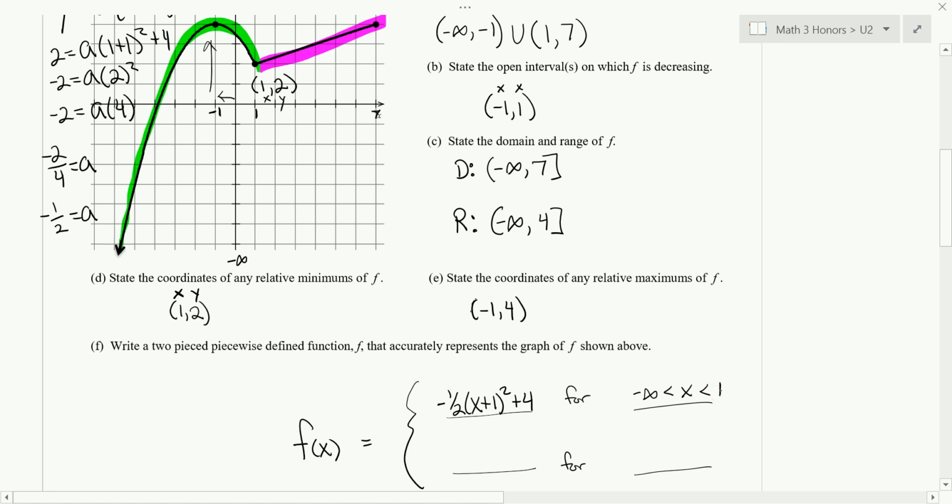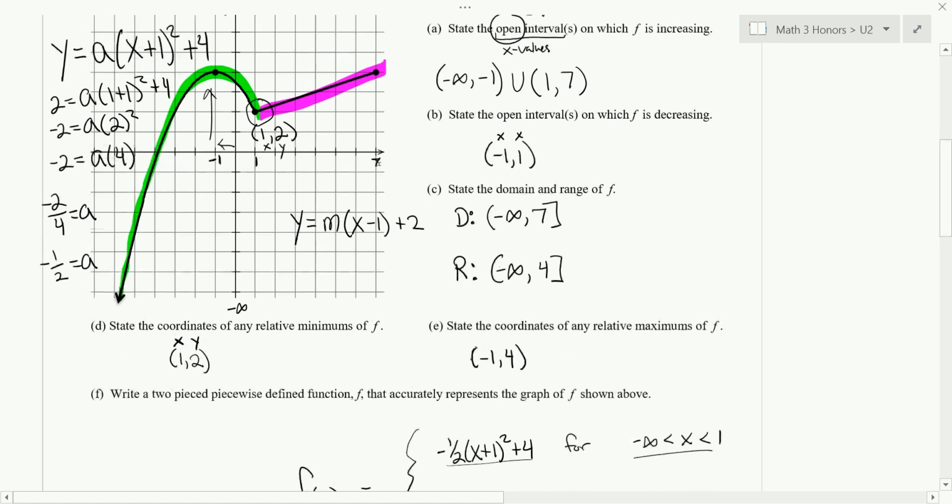The next one is a line, and I'm going to use this minimum point here. We've been moved to the right one, up to. We have some slope here. Okay. And then check your slope by counting rise over run. So we're going up 2 over 1, 2, 3, 4, 5, 6.